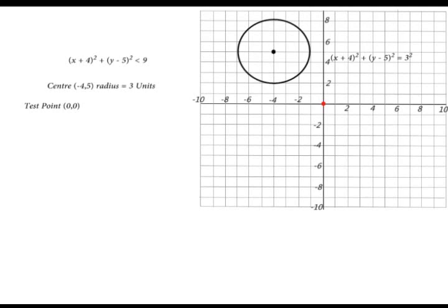If it doesn't, we shade the entire region outside the circle. 0 plus 4 squared plus 0 minus 5 squared is less than 9. 16 plus 25 is less than 9. 51 is less than 9. That is not true. And so we shade the outside of the circle, because the outside of the circle falls within the unrequired or unwanted region.